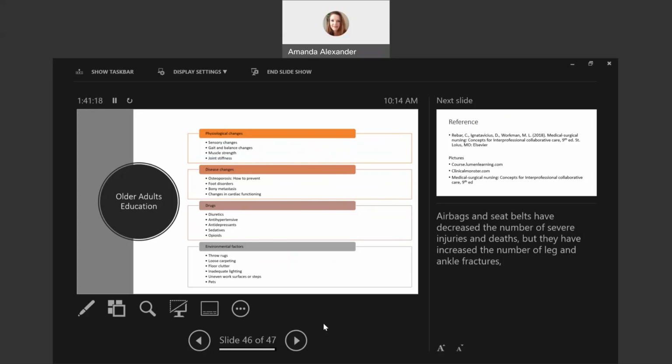One important thing to remember, always educate your adults and your driving age children about airbags and seatbelts. This will decrease seriousness of injury and death if a motor vehicle accident happens. Also encourage them not to put their feet on the dashboard. This can also cause lower extremity injuries.